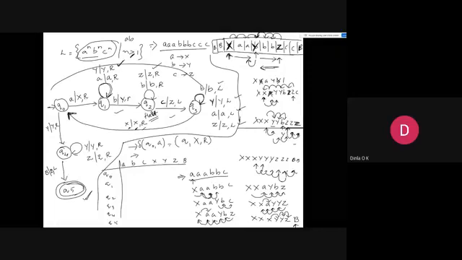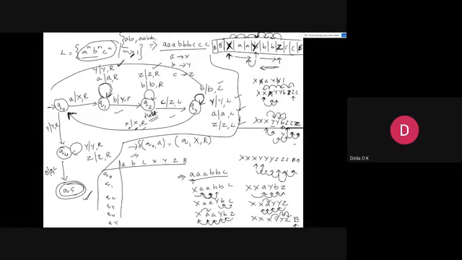So it will accept strings like abc, aabbcc and aaabbbccc, etc. Okay, this kind of string will be accepted by this Turing machine. Clear?